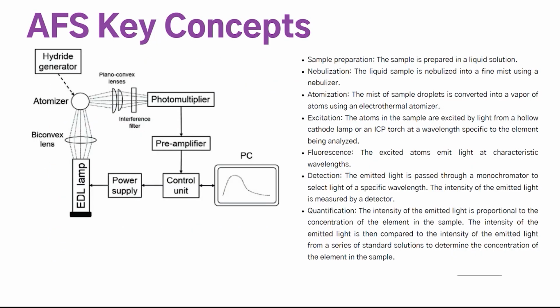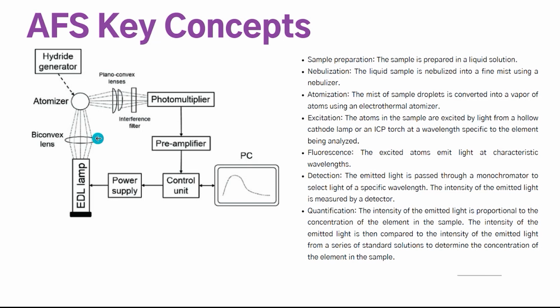Now let's take a look at an example of the experimental setup for AFS. In this, the first step is sample preparation, whereby the sample is prepared in a liquid solution, done by dissolving the sample in a suitable solvent, such as water or acid.